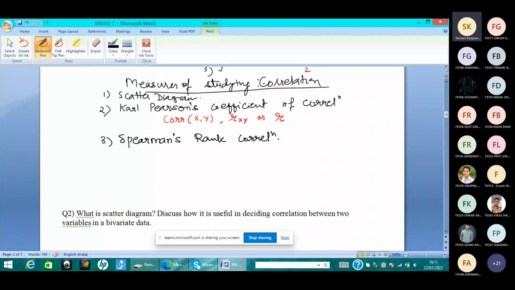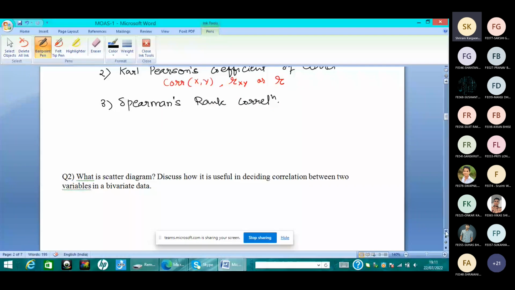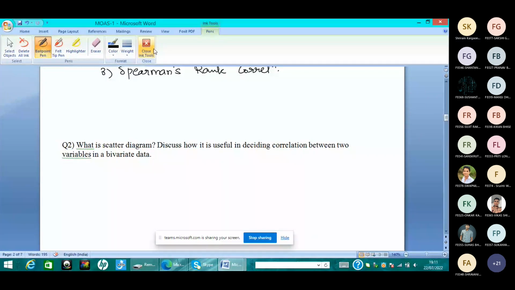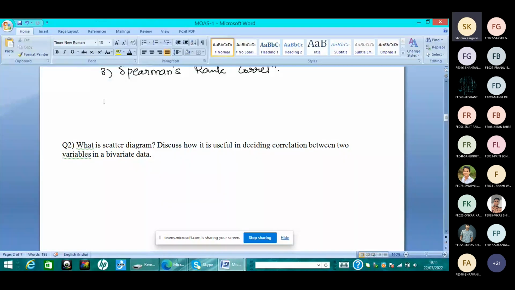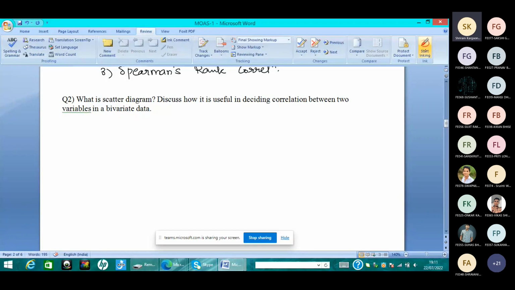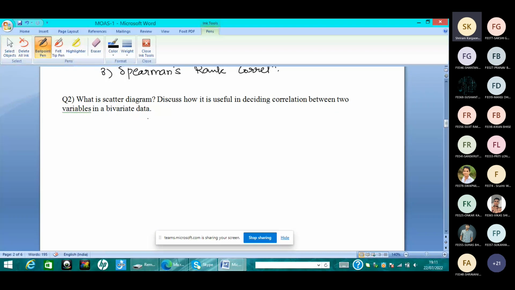First of all we come to the scatter diagram. Let's understand the scatter diagram and then we will see the other definitions. So what is a scatter diagram? I will try to explain it in the shortest possible way. In our daily life, we use the XY axis. I will try to give one example.